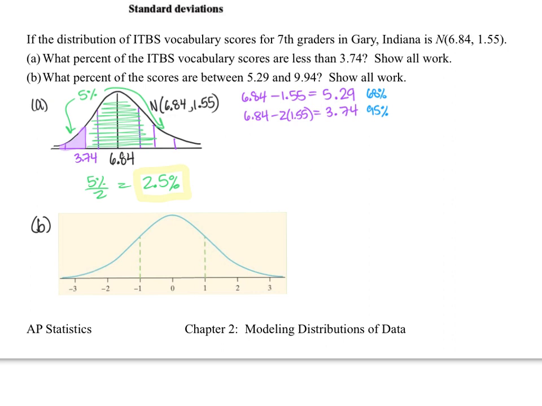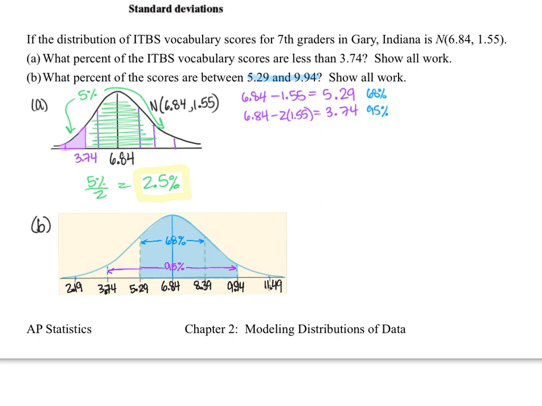Now let's label it with the mean and 1, 2, and 3 standard deviations away from the mean on the left and on the right. Now let's shade the area of interest between 5.29 and 9.94.